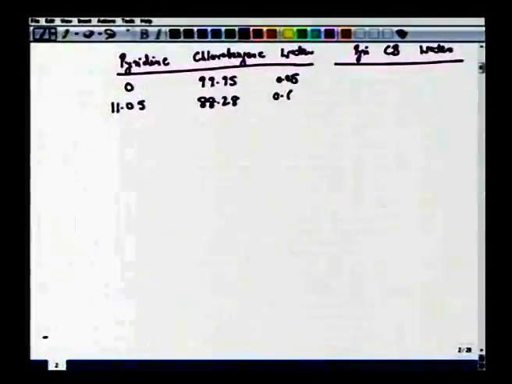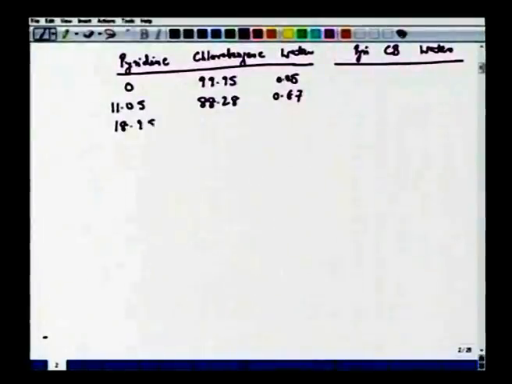So 0, 99.95, 0.05. Then 11.05, 88.28, 0.67. Now we have 18.95, 79.9, 1.15. And let's skip some of the data here.